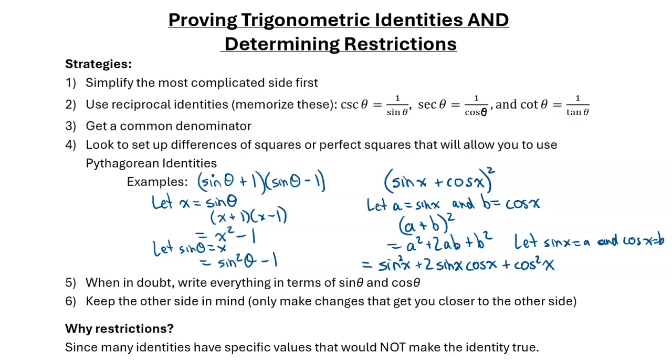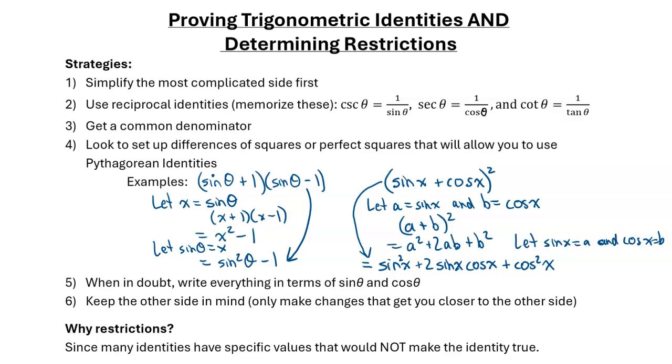And so that is our final result. Now you could have gone directly there. Hopefully you start recognizing that, but if you need to use the substitution method, that works just as well. Just like we could have gone directly there in that first example. So that's how we can do that and how we can set up some Pythagorean identities that we'll see in the proofs that we prove together.